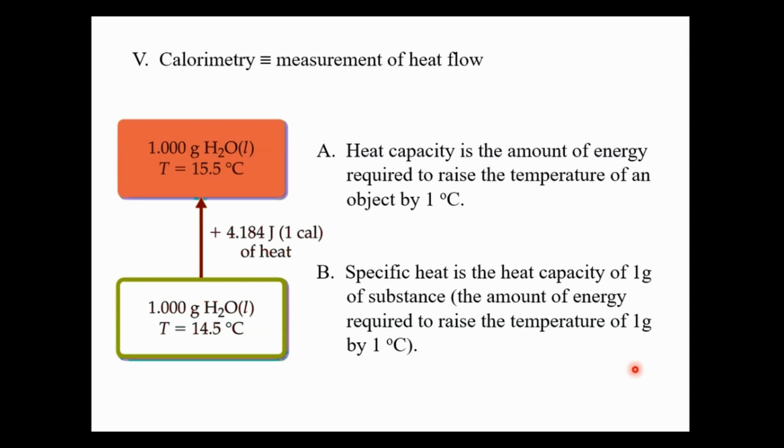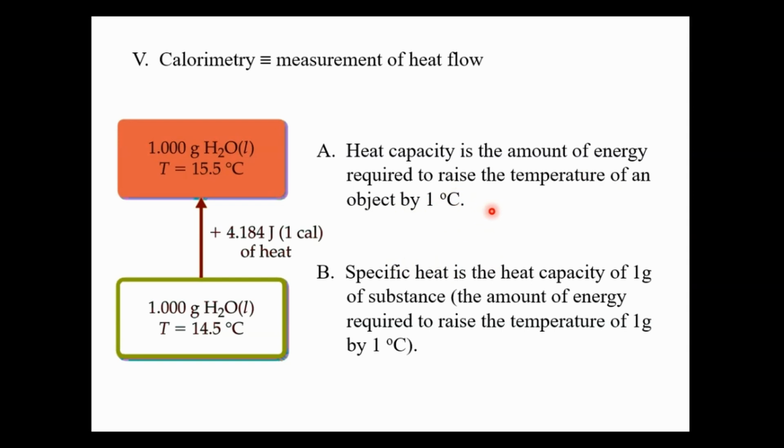So chemists use this thing called calorimetry, where we can measure heat flow, normally by a change in temperature and knowing some other things. So the first thing we're going to look at is heat capacity. That's the amount of energy required to raise the temperature of an object by 1 degree C. So that's kind of general.